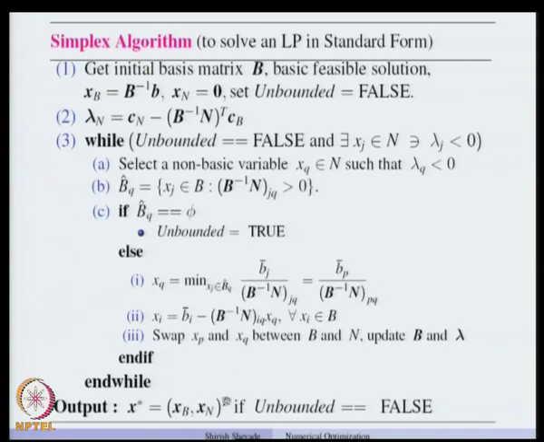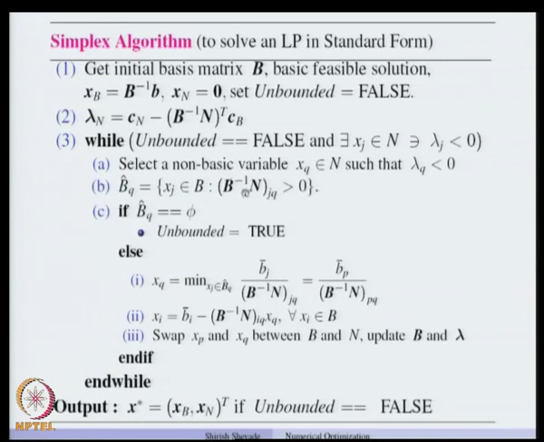Finally, as a solution we get x_B and x_N if unbounded equals false. Otherwise, if unbounded equals true, the problem is unbounded. So, this is the simplex algorithm as proposed by Dantzig sometime in the late 40s, and it is quite a popular algorithm to solve linear programs.